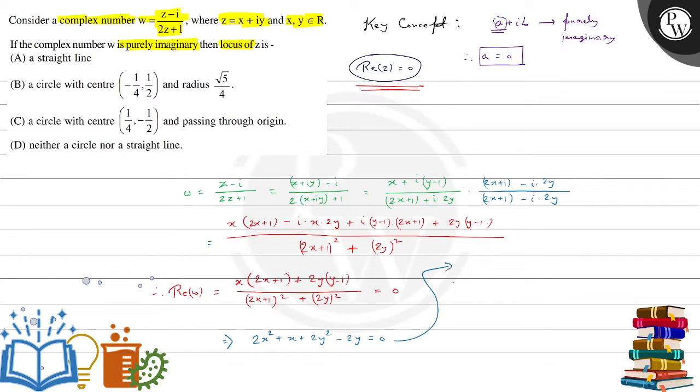Quite clearly, both sides 2 से डिवाइड करने से हमें मिलती है x squared plus half x plus y squared minus y equal to 0. थोड़ा सा rearrangement, and I think it's very clear to all of you that this is basically the equation of a circle, x squared plus y squared plus half x minus y equal to 0.